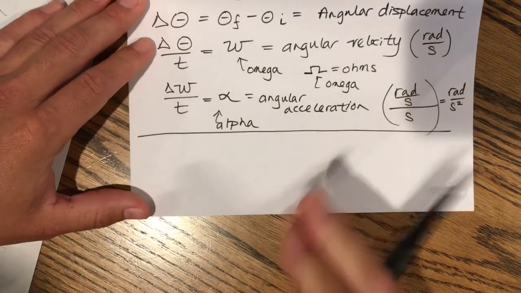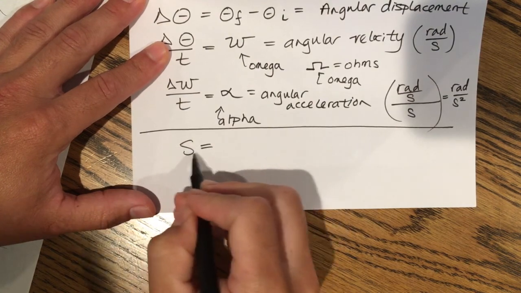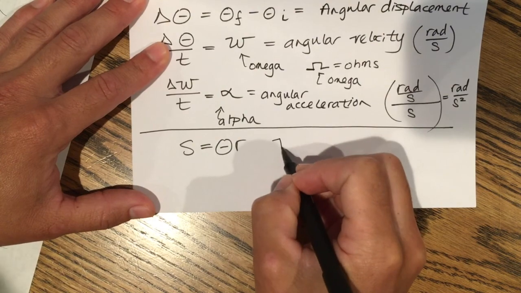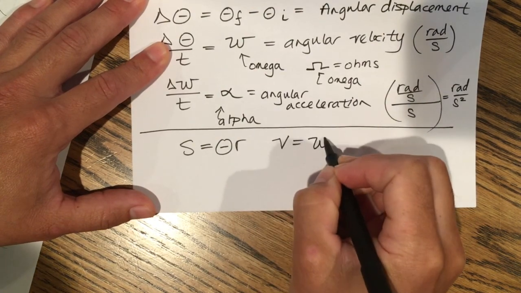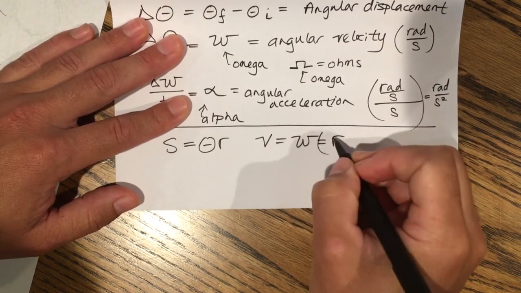So what I'm saying is not only is position equal to angular position times r, but velocity is equal to angular velocity times r. Whoops, that should be multiplied by r.